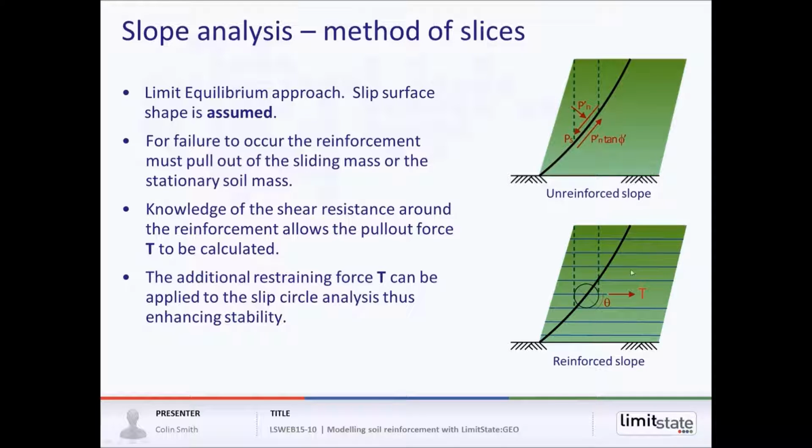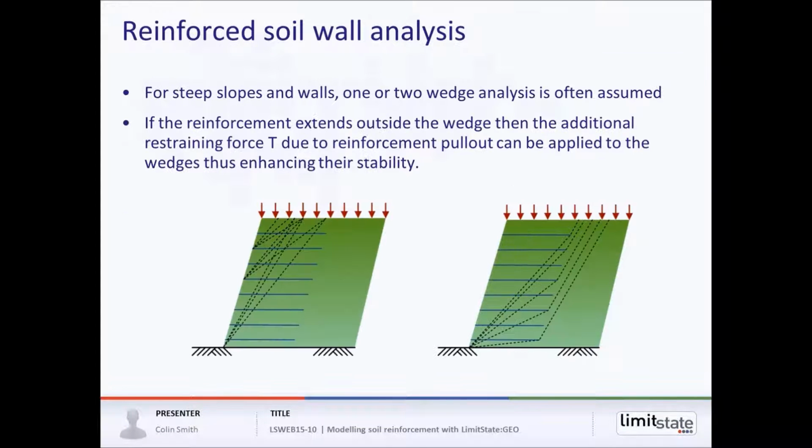In the bottom diagram, if we've got reinforcement in the slope, then for failure to occur, either the reinforcement has to pull out of the sliding mass, or it has to pull out of the stationary mass on the right hand side here. And if we know the shear resistance around the reinforcement, we can calculate a pull-out force, and this additional pull-out force T can then be applied to our slip circle analysis and enhance the stability of the slope.